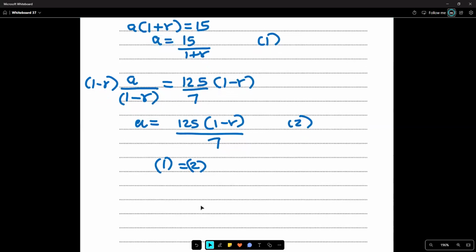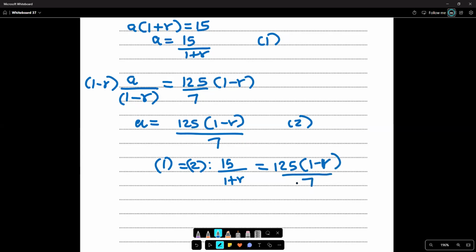That is A. So we can say, okay, using that fact, we are basically having 15 over 1 plus R is equal to 125 times 1 minus R all over 7, right? Now we need to cross multiply here basically, right? Doing the LCD. Awesome.